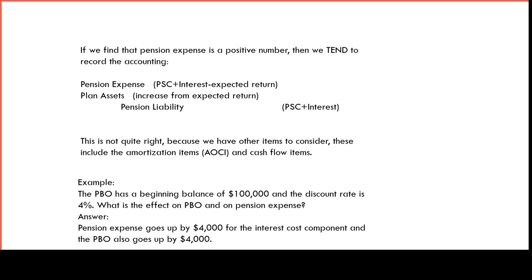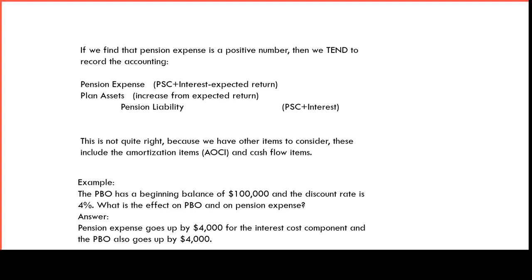So if you were to do one big journal entry with pensions, you would be increasing your pension liability over time. You would be increasing your pension assets over time, and you would have then the net of it being a pension expense. And that's not quite right, because you would also have an OCI item that you would be recording, and that would be the difference between your actual and expected returns in your plan assets.